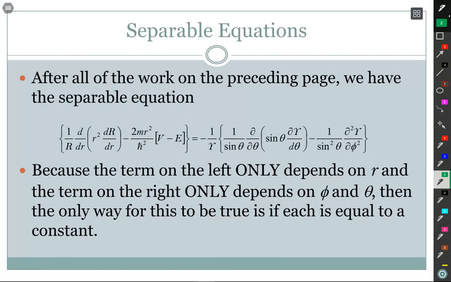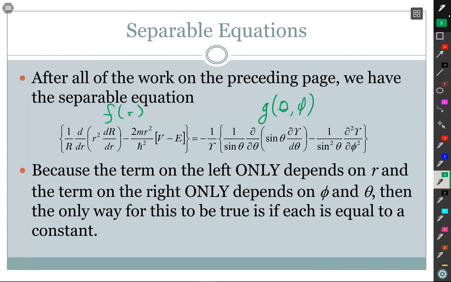It's separating out the things that had R in them and the things that had theta and phi in them. And notice it is multiplied by the r squared that I had forgotten initially. So this side only depends on R, and this side only depends on theta and phi.